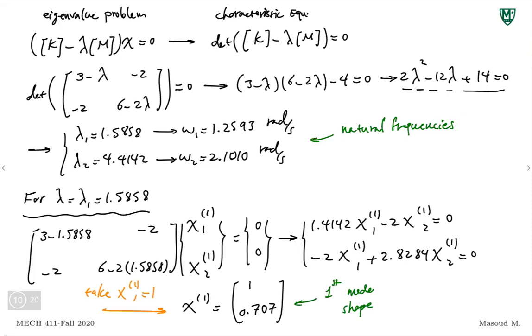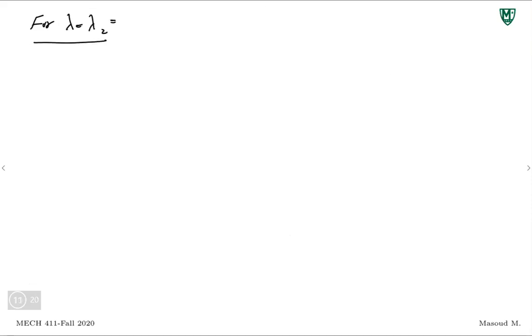Find the second one, same process. For lambda is equal to lambda 2, which is 4.4142.